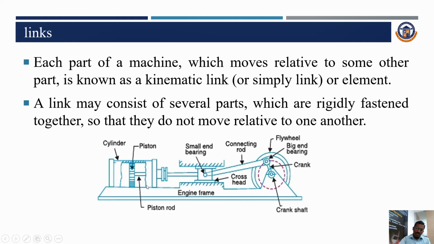If the first piston moves backward, the same piston will move backward. If the piston moves forward, the same piston will move forward. It will work at high speed. There are some relative motions across the engine. It is an engine.